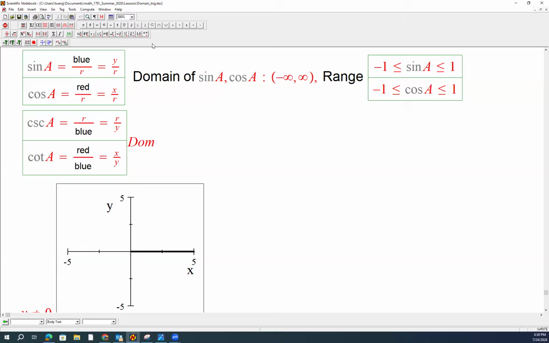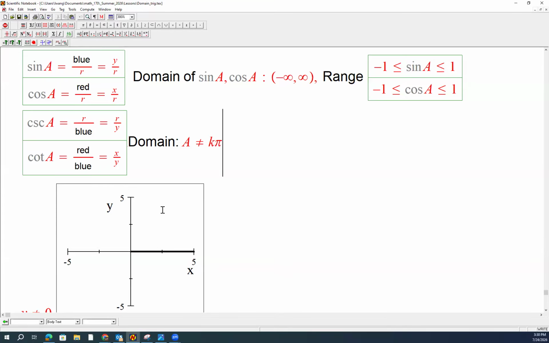The domain of these two functions excludes the angles that terminate in the positive direction or negative direction of the x-axis, and those angles are k pi, the multiples of pi.